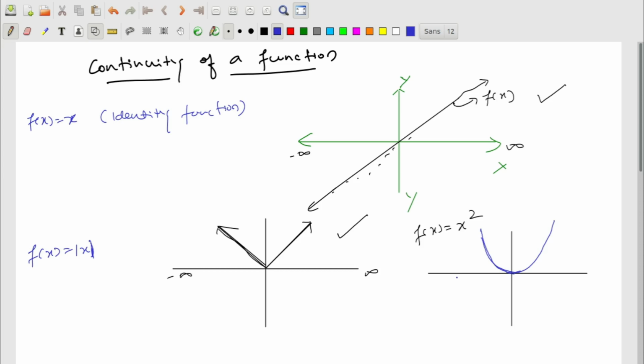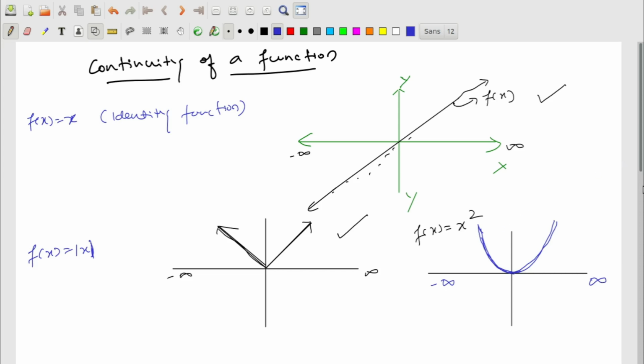Now here again it is a real valued function defined from minus infinity to infinity, and it is again continuous from minus infinity to infinity, a continuous curve, right? So this is the basic concept of continuity of a function. If the graphical representation is a straight line or a continuous curve without any discontinuity, we call it a continuous function.